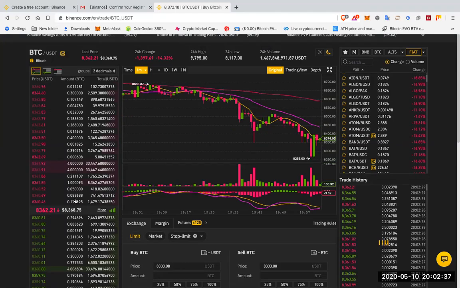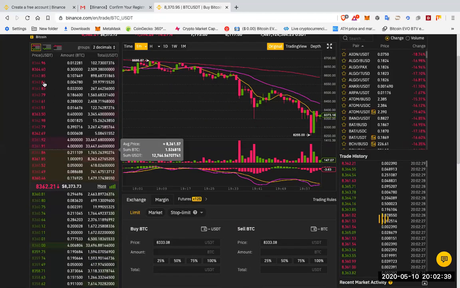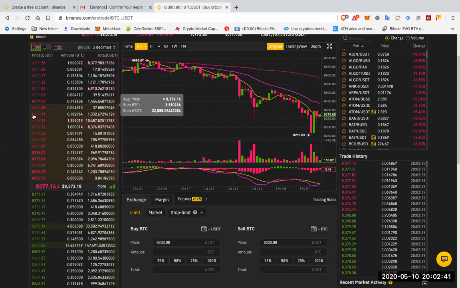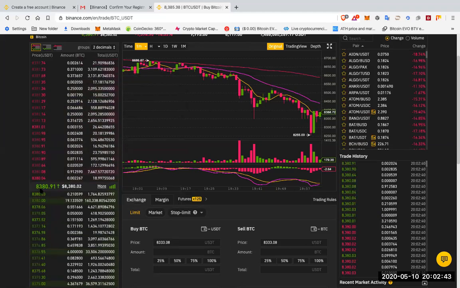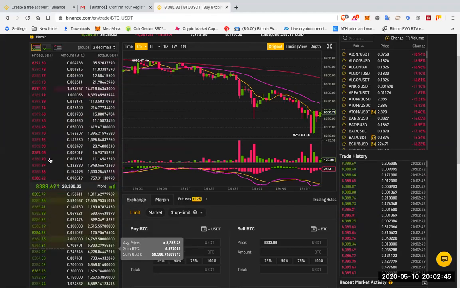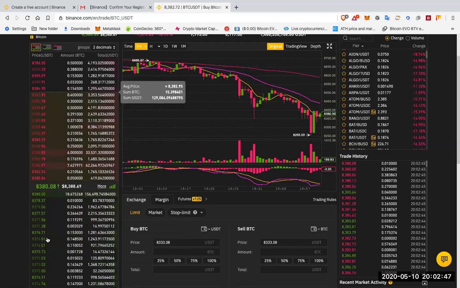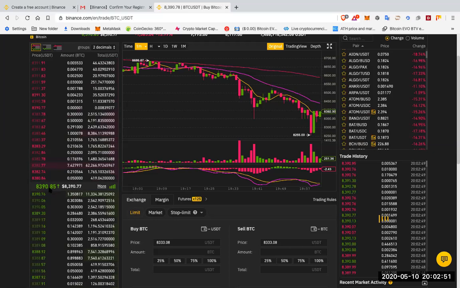On your left side here, on the top, it's red. Red means this is selling, and this green means buying. So these are sellers, these are buyers, and here it's a marketplace, the price currently traded inside Binance right now. You will find it here.